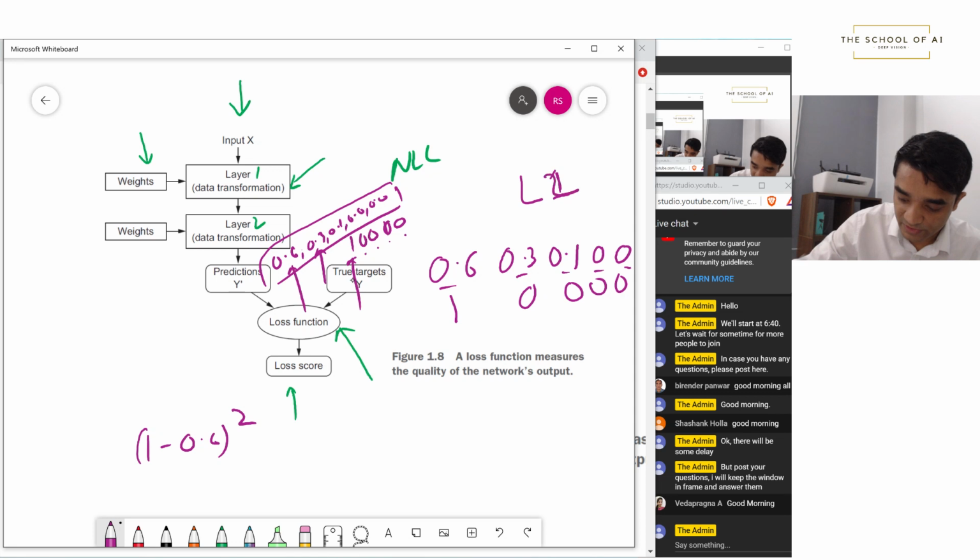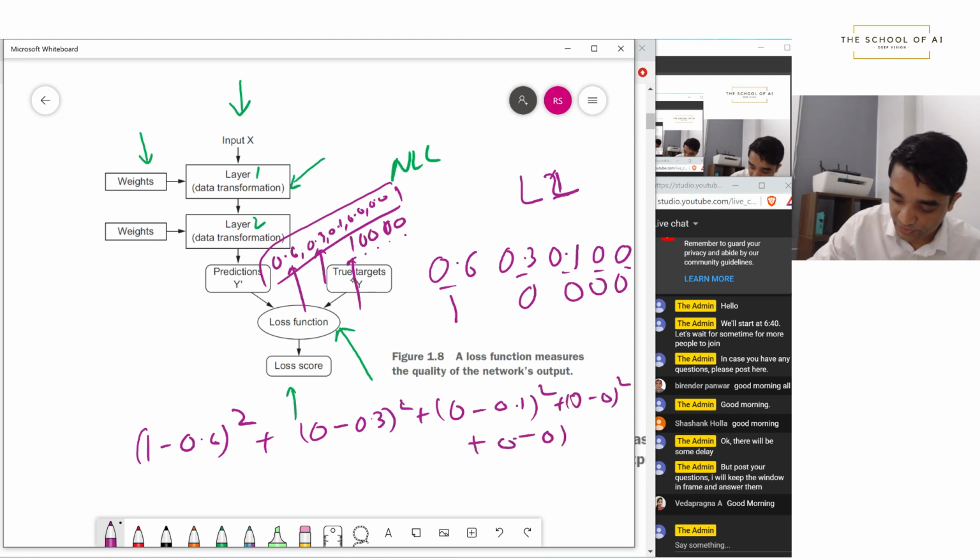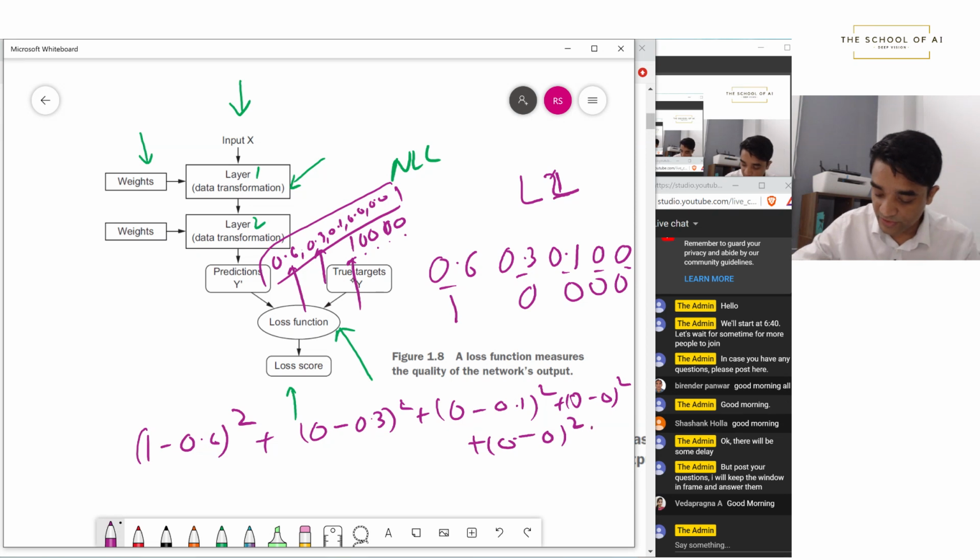Sorry, we are looking at L2 loss, plus 0 minus 0.3 whole square, plus 0 minus 0.1 whole square, plus 0 minus 0 whole square, plus 0 minus 0 whole square, right? So that is how we are going to write a loss. Whatever this sums up to gives us a particular score. We could have used our NLL loss as well. So this is how the things are structured.